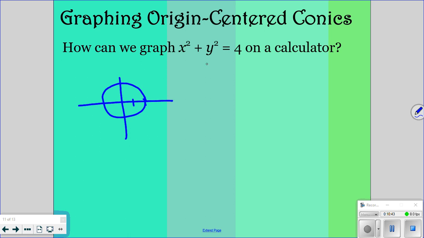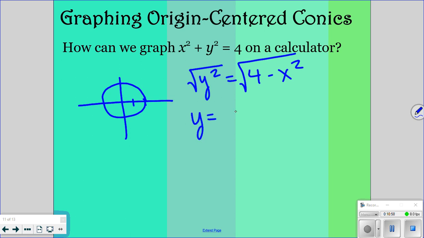So we have to solve our equation for y so that we can plug it into the graphing calculator. So y squared would equal 4 minus x squared, and then you would take the square root. And when you take the square root, what do you have to remember to put in front of it? A plus or a minus, hopefully is what you said. So we have plus or minus the square root of 4 minus x squared.